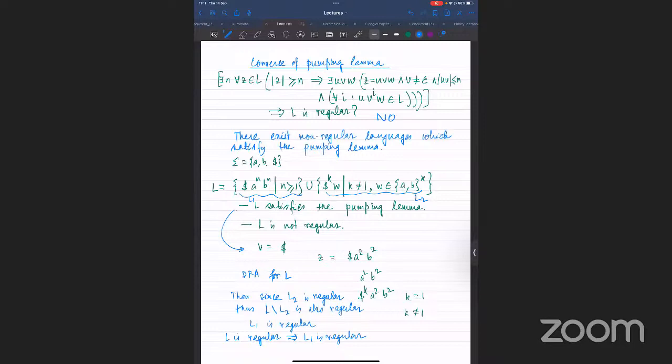Right, so you have to choose a V. So you can have dollar a^n b^n, and the V can be either dollar or dollar a or just A. Correct. So you can show this, and then it is indeed not regular, and hence L is not regular.